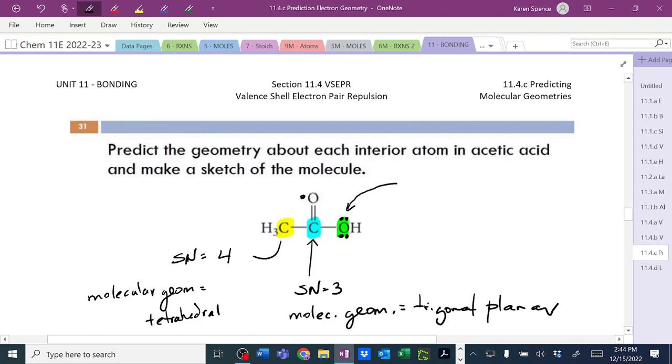So you would need to have drawn those in for yourself so you don't forget. So we have a steric number of 4, and that means that we have 2 lone pairs. Therefore, the shape is bent.